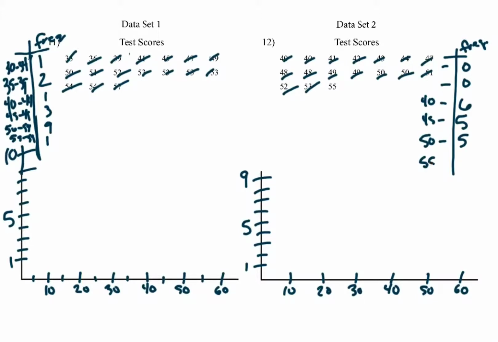And then 55 to 59, there's 1. Okay? So, also need to do my 5s here. Okay? So then I just, each category, so 30 to 34, we've only got 1, so it goes up to 1. Then 35 to 39 goes up to 2.